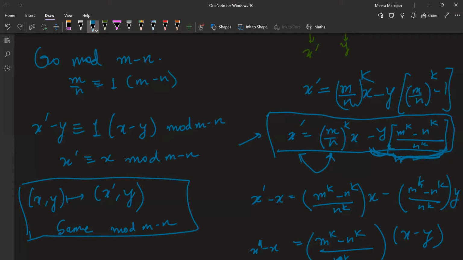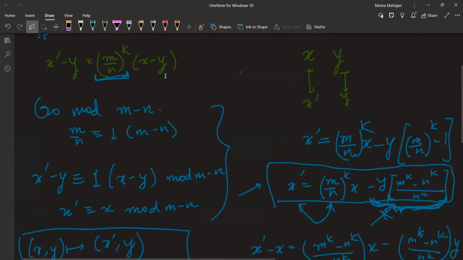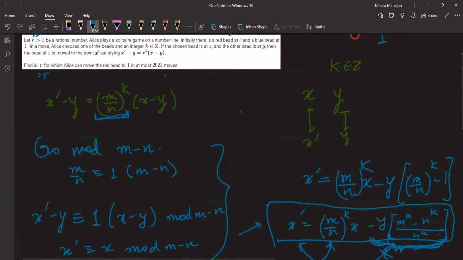So this was what I was hinting at: m minus n always divides it, and hence if you go mod m minus n, this term just becomes 0. Is this clear to everybody? Why we got this? This is the given equation, and we went mod m minus n in this equation.